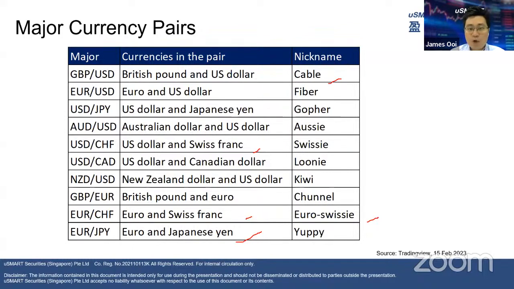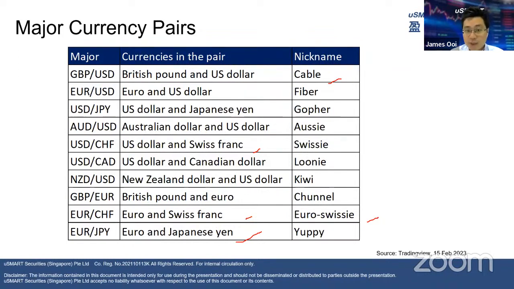All in all, I only remember the nickname cable, and you don't really need to remember all these nicknames, but it's good that you have some opinion on these major currency pairs, because these are the 10 major currency pairs that are frequently traded.